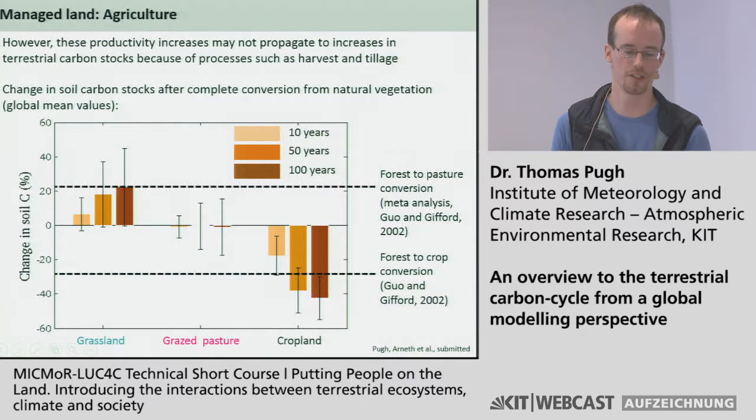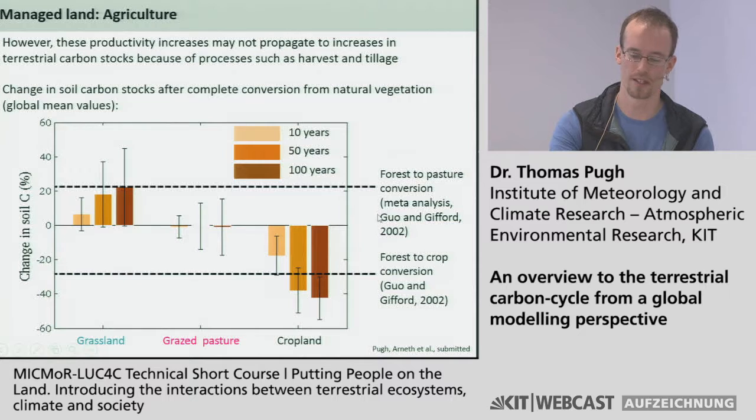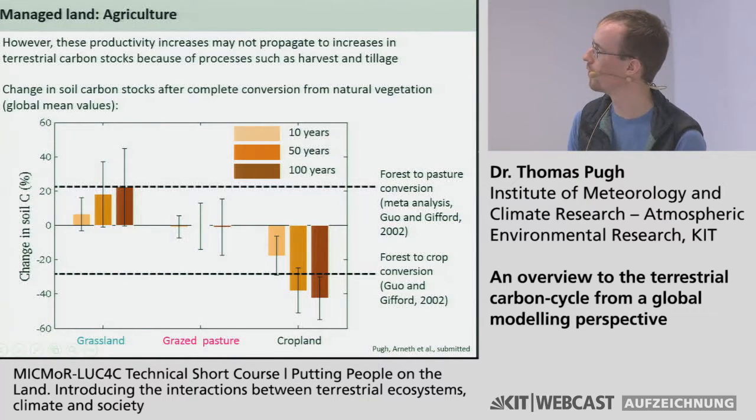And this is partially due to the harvest, which takes out a lot of carbon from the system, partially due to processes such as tillage, which increase the respiration rates of the soil carbon. And these model results, just to show, are broadly consistent with meta-analyses of forest to crop and forest to pasture conversions that we see from observations.